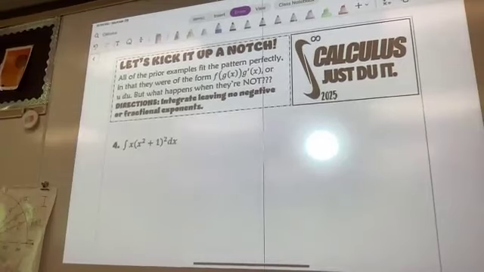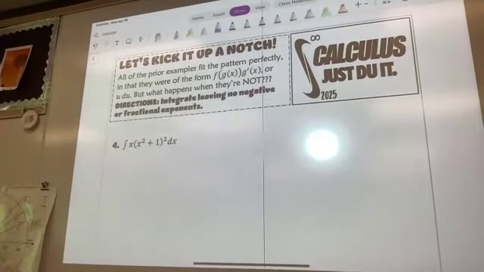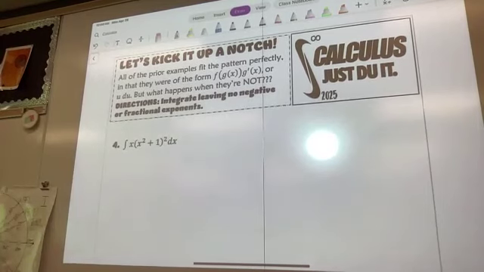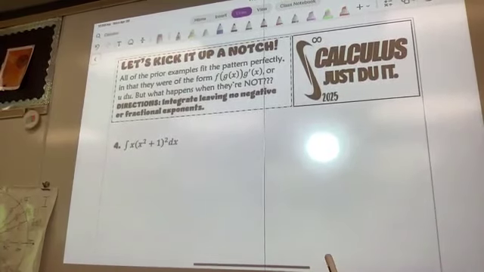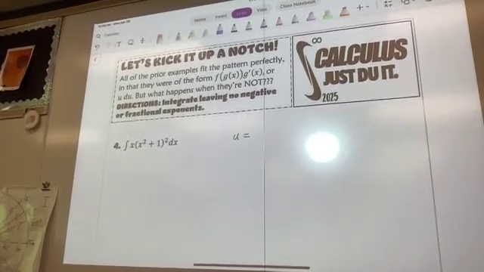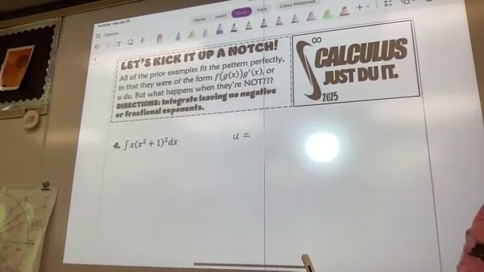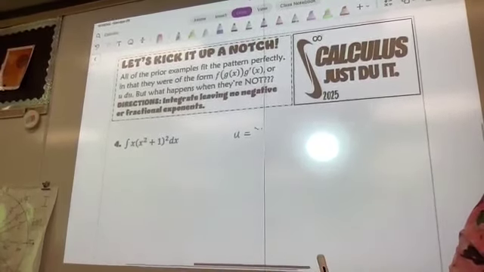Okay, so here's what happens when it's not there. We have the integral of x times 2 x squared plus 1 squared. Hey, what do you think we'll call u? x squared plus 1? Yeah, I agree. That's raised to the quantity, right?